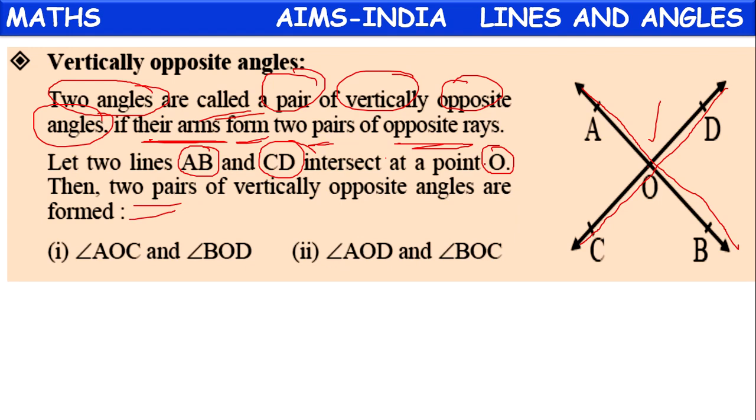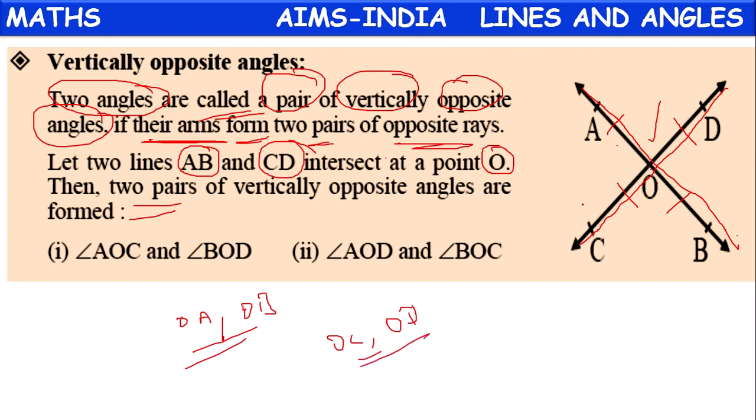If they are able to form two pairs of opposite rays, here OA is opposite to OB, and OC is opposite to OD. This OA ray and OB ray are one pair of rays opposite to each other, and OC ray and OD ray are the second pair.